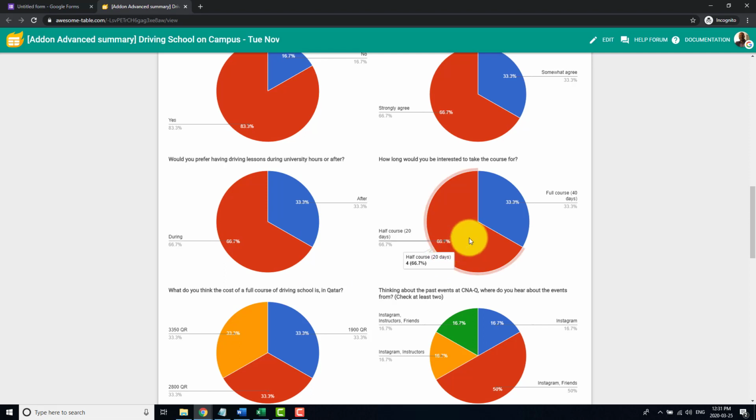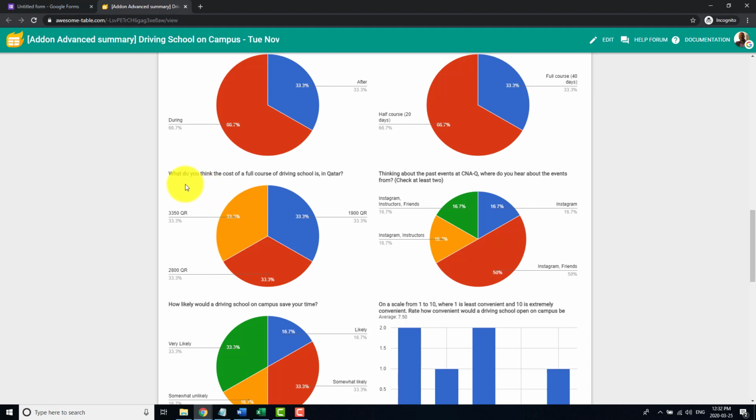Would they want the half course or the full course? This student had done some research about driving schools and found out there's half courses and full courses for driving school. Most students, 2/3, want the half course. This is your product question. What do you think about the cost of a full course for a driving school?